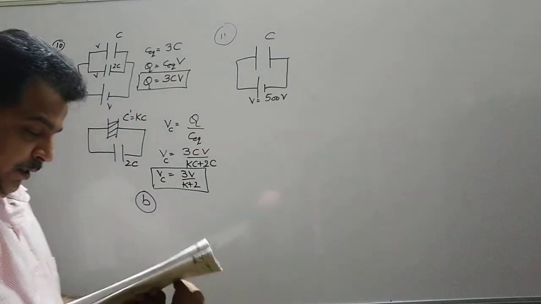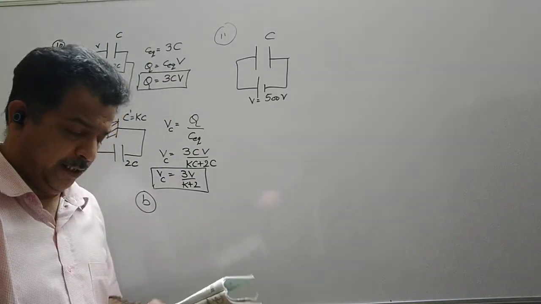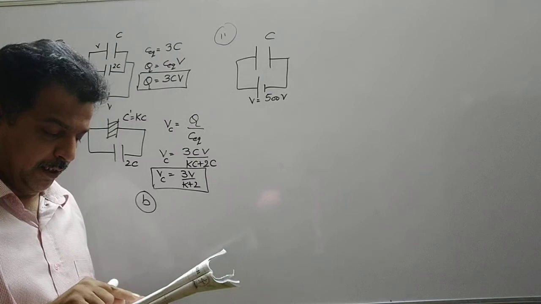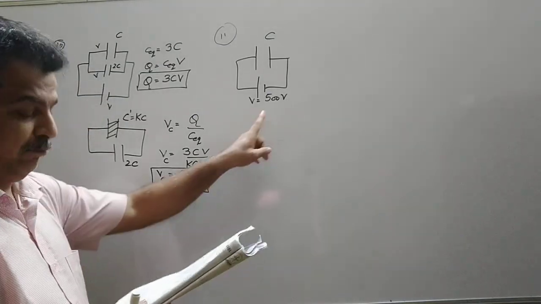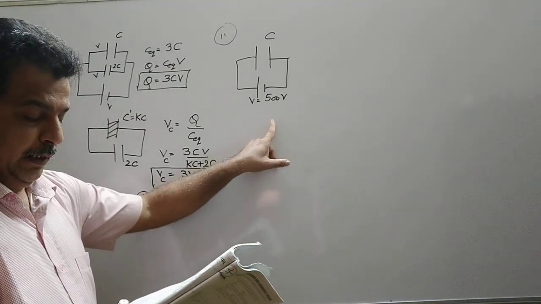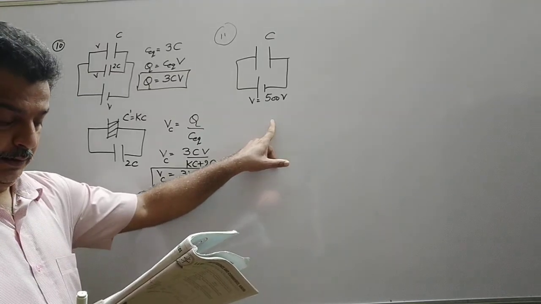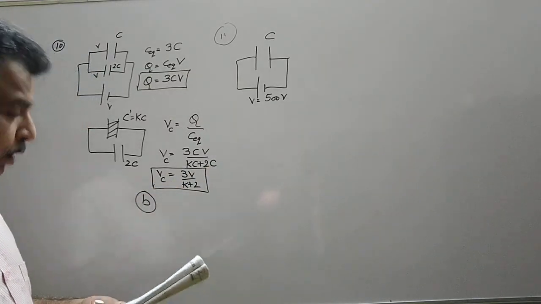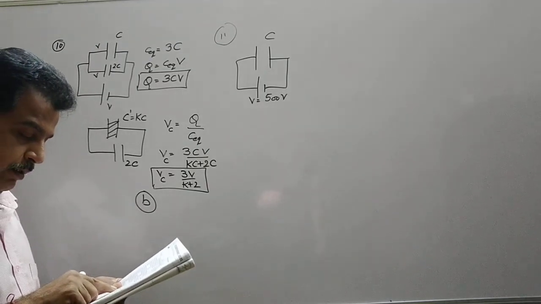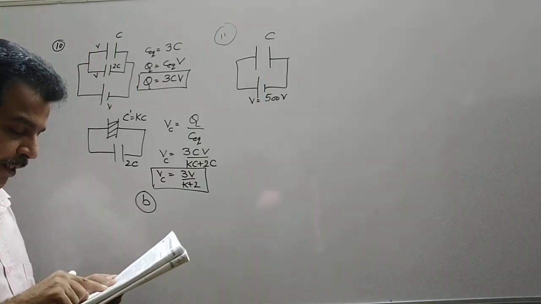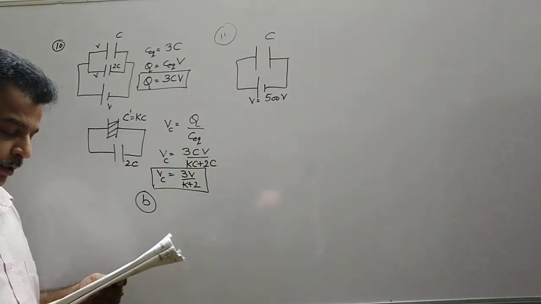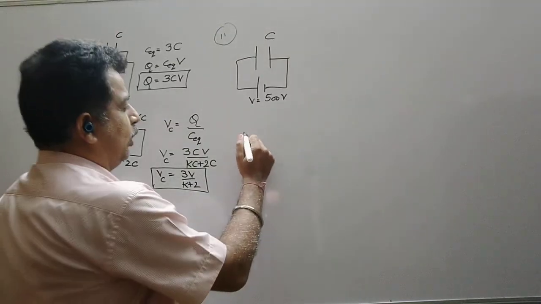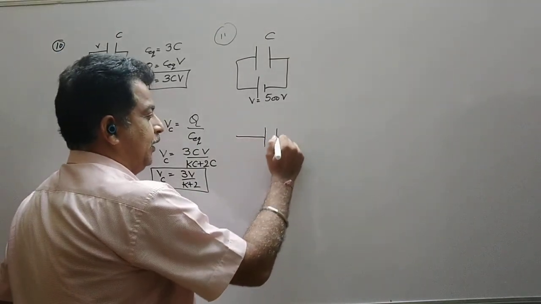See the question. A parallel plate capacitor with air between the plates is charged to a potential of 500 volt and then insulated. A plastic plate is inserted between the plates, filling the whole gap. The potential between the plates now becomes 75 volt. Okay, so it is not connected with a new battery.